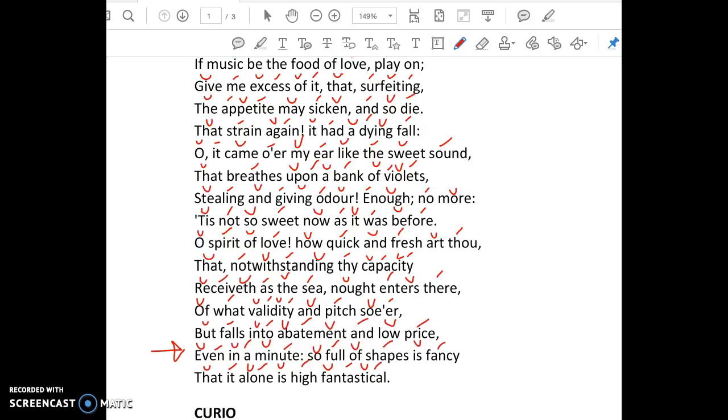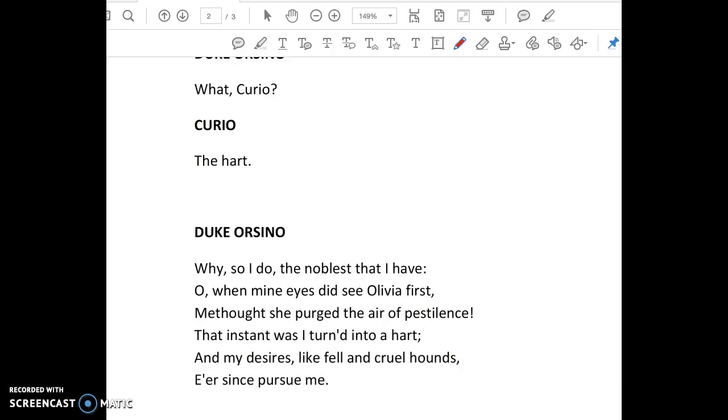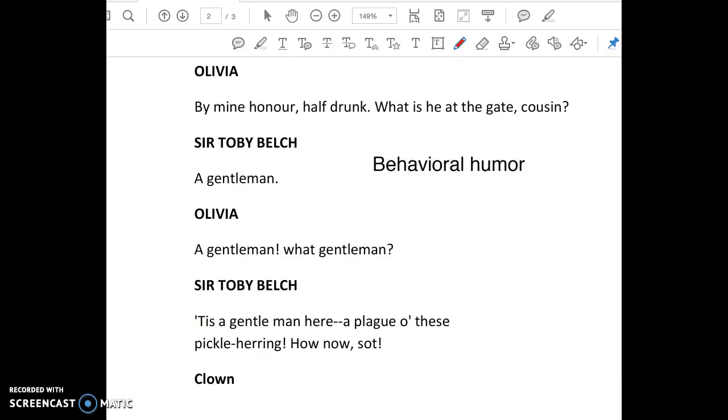And the first is behavioral humor. The behavioral humor can be seen when Sir Toby Belch is half drunk, or maybe completely drunk. This is funny due to him being a sir. Him behaving in a funny way leads us to verbal humor.